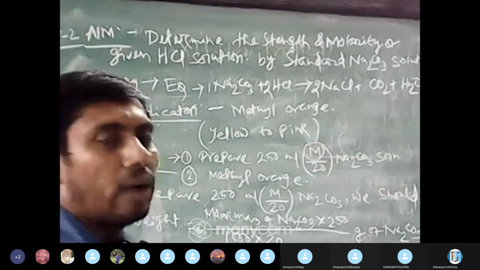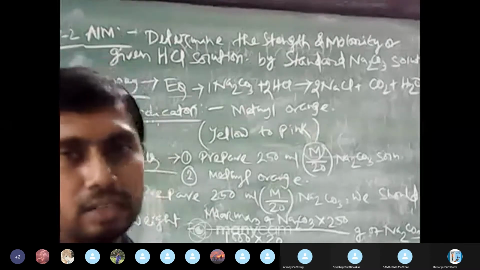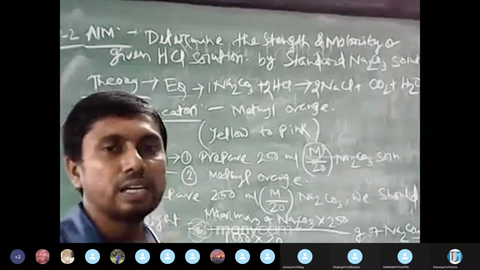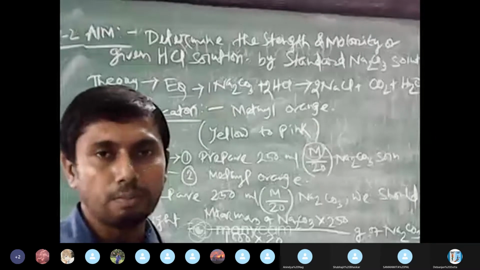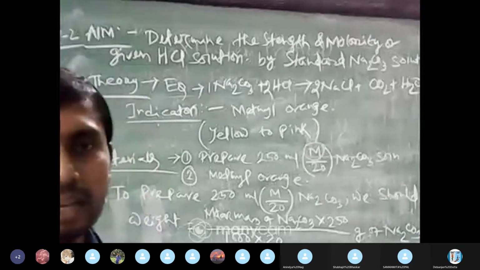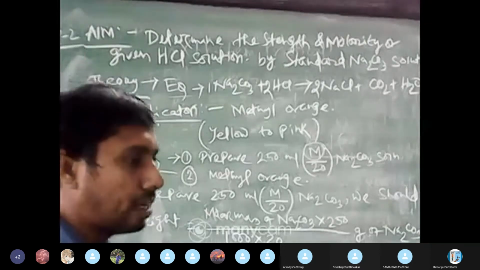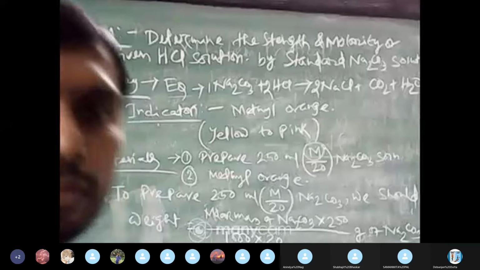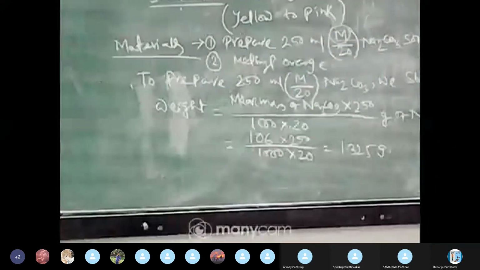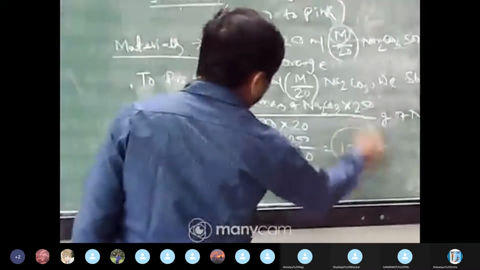It depends on practice, and the more you practice, the easier it will be. Now you can see the lower half also. So these are the materials required and this is the mass you have to take.